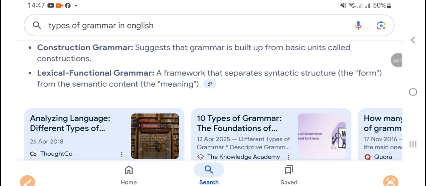Now the last one is lexical functional grammar, a framework that separates syntactic structure, the form, from semantic content, the meaning. Syntactic structure means the framing of a sentence, and meaning. For example, if I'm teaching my kid, I put subject, then verb, then object.